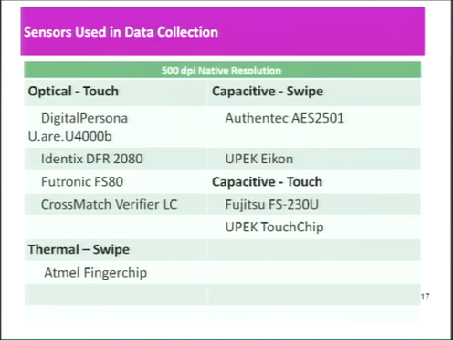There is only one commercially available thermal swipe sensor, so that was used for the study. There were 2 fingerprint sensors that were of the capacitive swipe type, and all laptops that come equipped with fingerprint sensors, the technology that they use are capacitive swipe. And there were 2 other sensors that were of capacitive touch type.